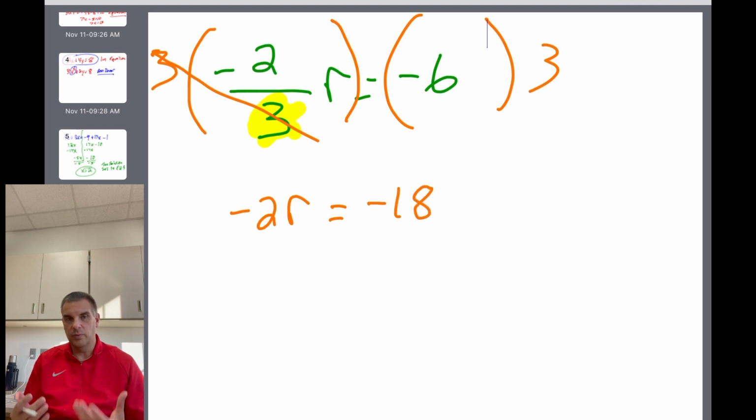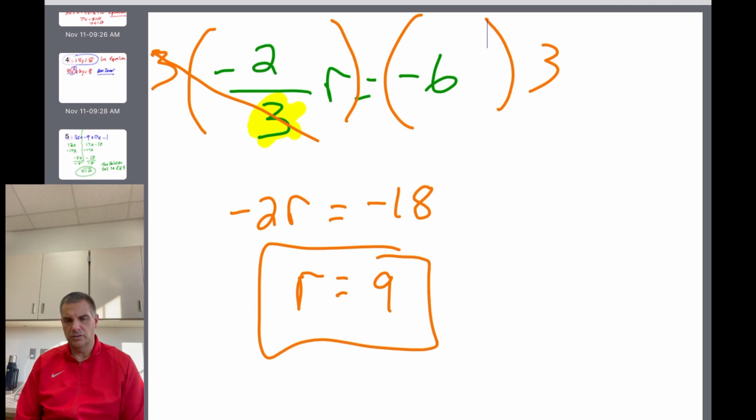And now you've got rid of those dang nasty fractions, and you can divide by -2 and get r is equal to 9. And there's your solution. And again, you could check this if you wanted to.